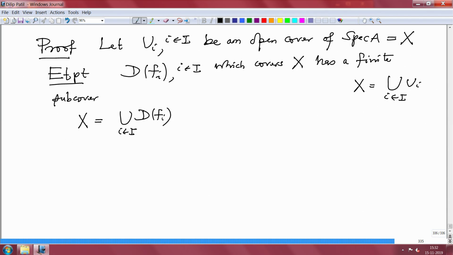This means now I take the complements. The complement of X is the empty set, that will be this intersection, union will become intersection, and the complements of this, that is V(f_i)'s. But we know the arbitrary intersection of these closed sets is precisely the closed set, and closed set of whom? It is precisely V of the ideal generated by these f_i's.